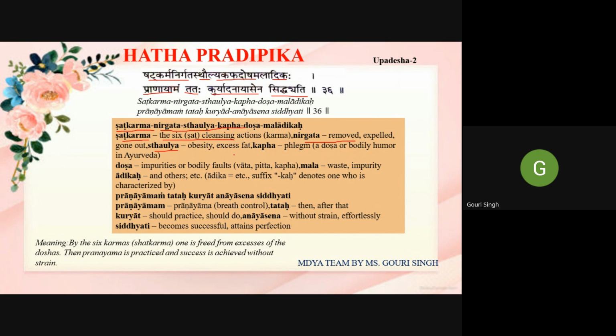Which person needs to do the Satkriya? It was already discussed in the starting. One who has excessive kapha in the body, yes, and one more thing: fat and kapha. So you need to remember both.